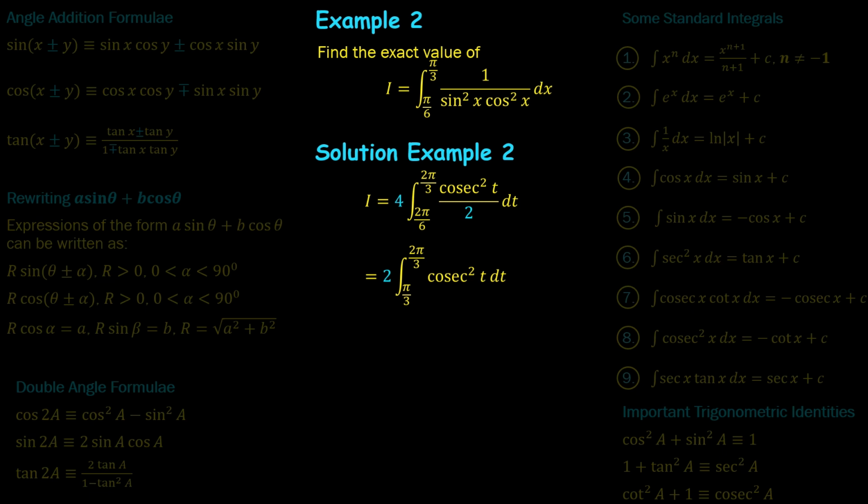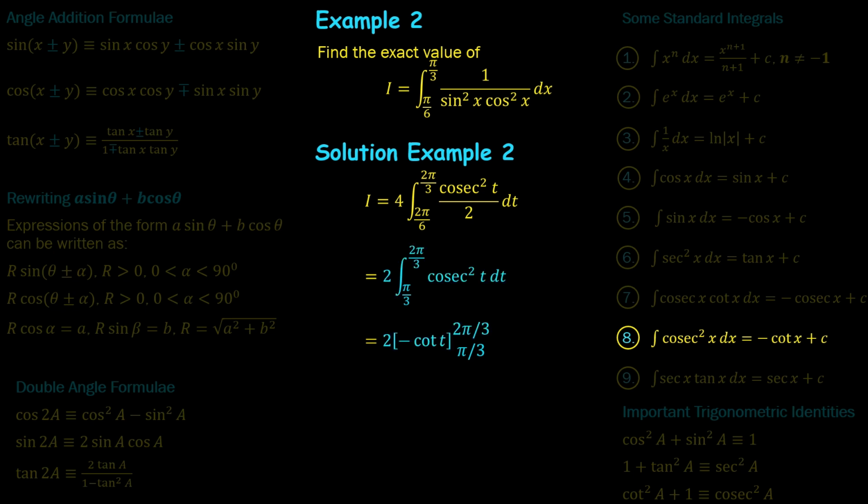And now let's integrate this expression. The integral of cosec squared t dt is simply minus cot t, as you can see from the standard integral in the list. 2 pi by 3 is the upper limit, and the lower limit is pi by 3 as shown.